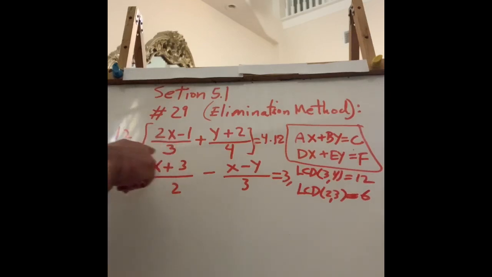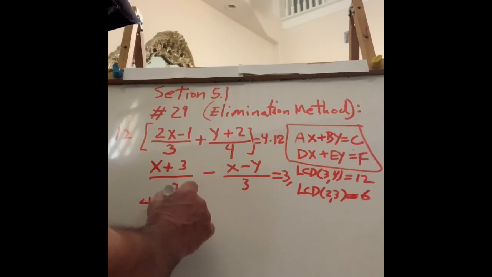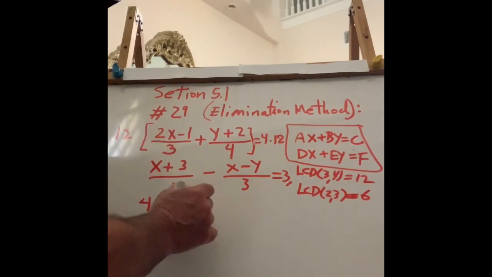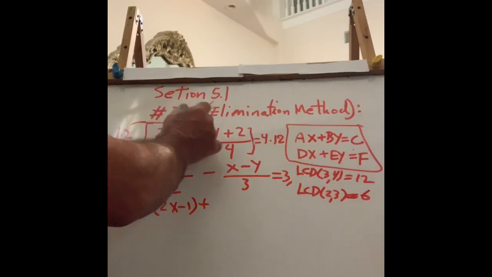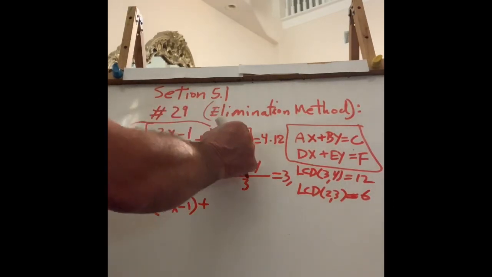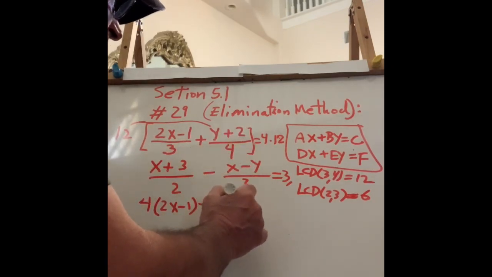As you distribute 12 by the very first term, 3 goes into 12 4 times. So that first equation is going to look like 4 times (2x minus 1) plus, and then as you distribute the 12 by your second term, the 4 goes into 12 3 times, but don't forget you do have two terms upstairs. So you might want to put those two terms inside the parentheses.